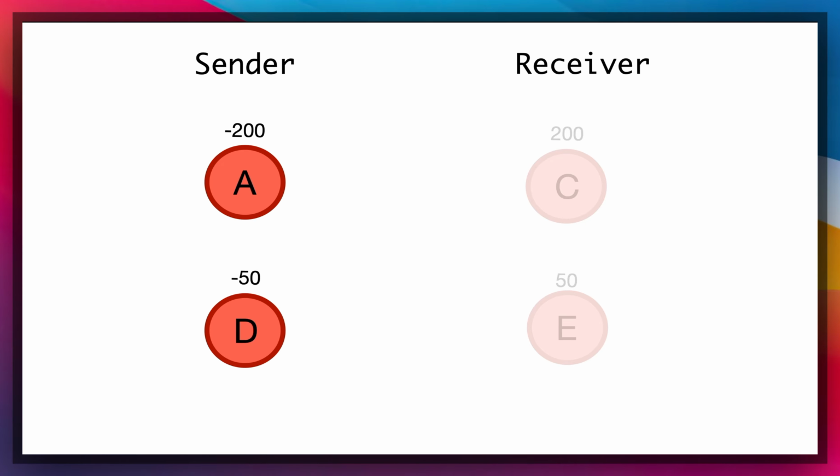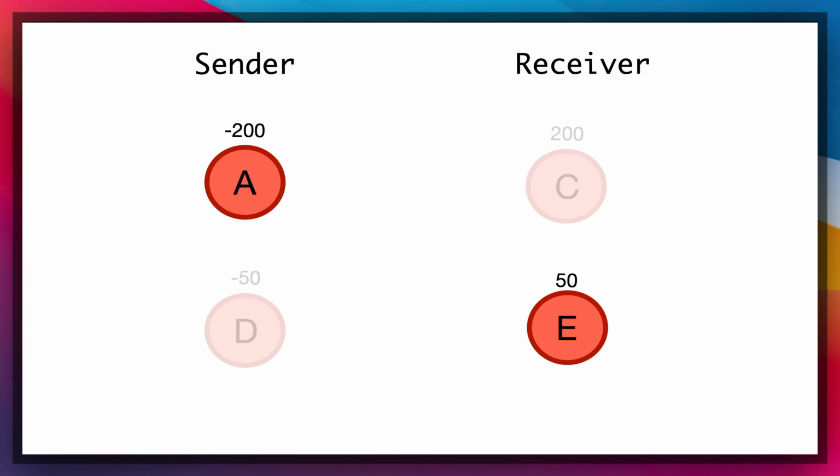The second option is to send the money to user E. But if I send the money to user E, then user A is still left with $150. So in order to get rid of $150, user A has to perform one more transaction. So the total number of transactions for user A would become 2.